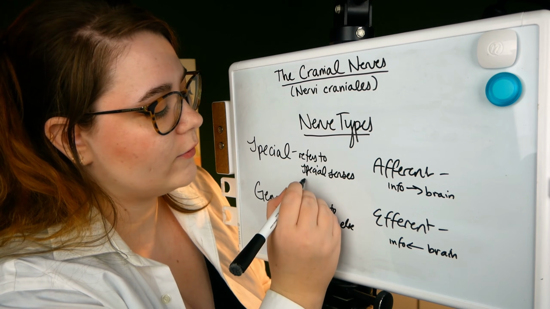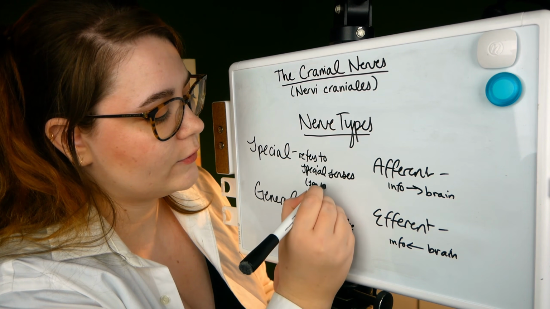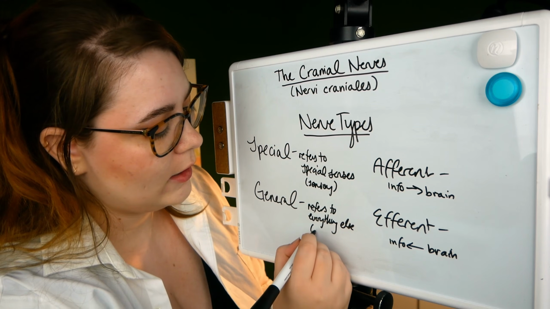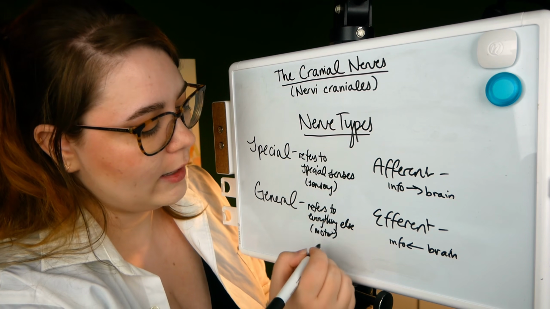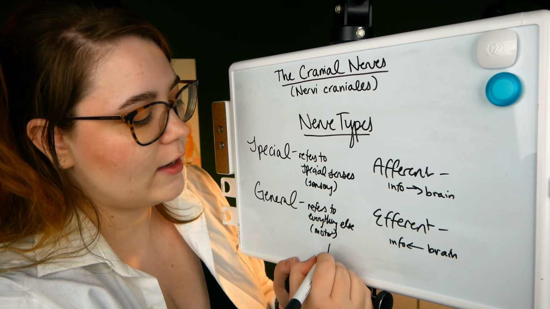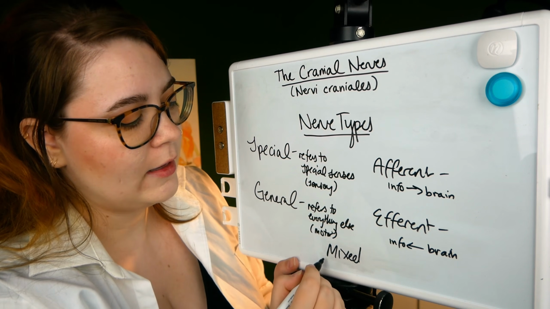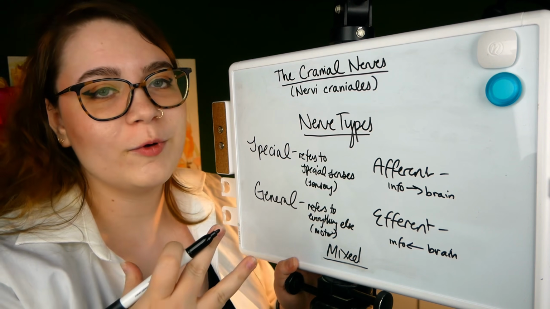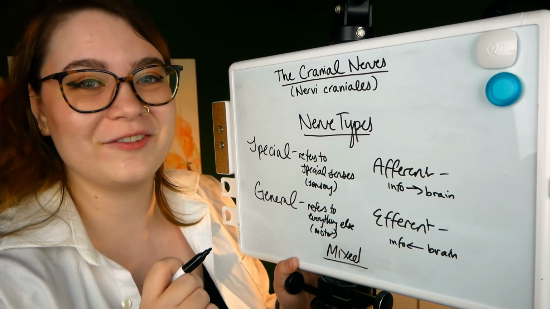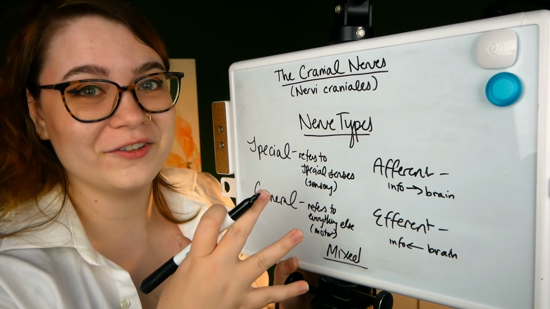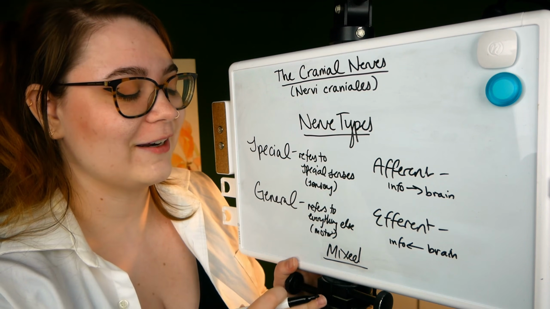So we can think of special as sensory for the most part, and general as motor. And then you have the mixed nerve, which can be really any sort of combination of all of these. It can get quite complicated, actually.